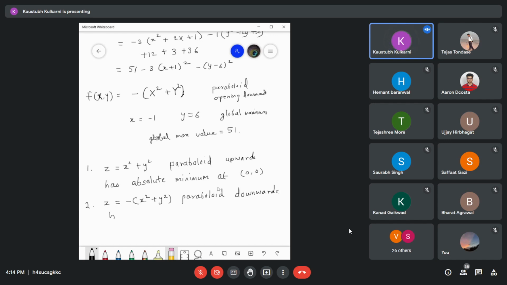And it has an absolute maximum at its vertex, that is 0 comma 0.